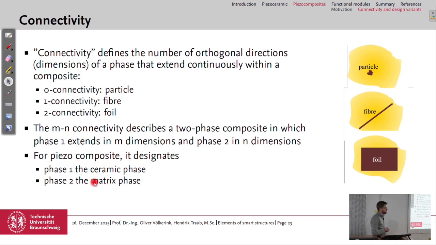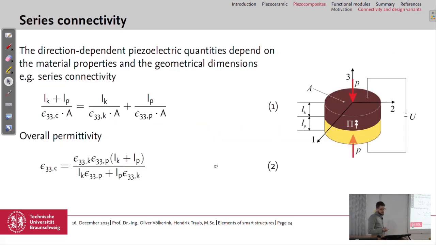So we can describe with this in which form the ceramic is inside the composite, and in which form the matrix, or the polymer, is inside this 2-phase composite. Then we can have a look at what the connectivity means for the overall permittivity. We can have this kind of connectivity.